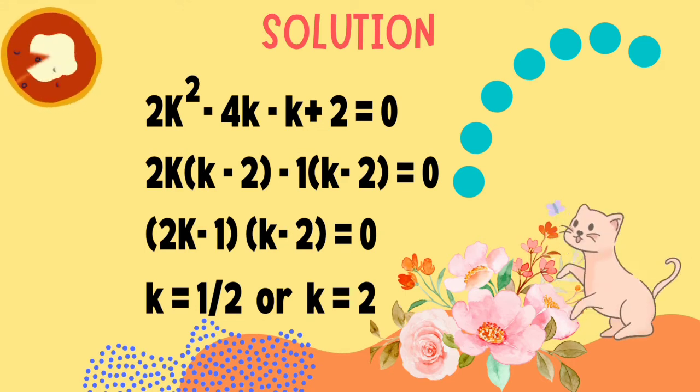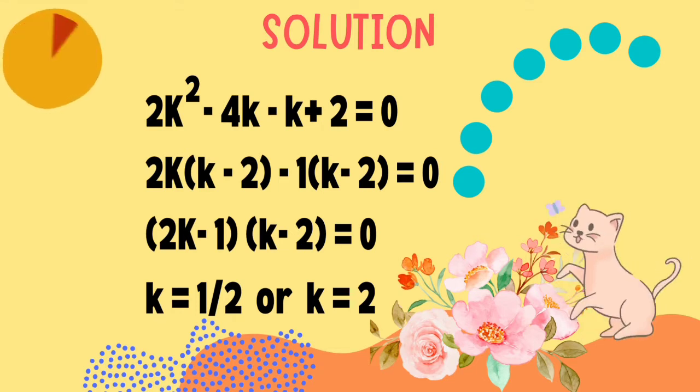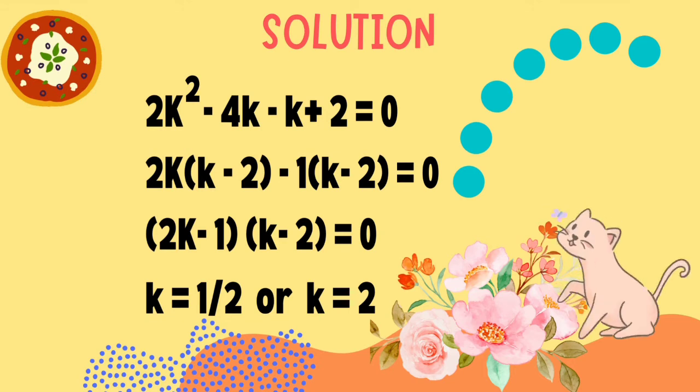When you group this expression into 2, the highest common factor for 2k squared and minus 4k is 2k. And so you divide through by 2k. 2k squared divided by 2k will leave you with k inside the bracket, while minus 4k divided by 2k will leave you with minus 2.